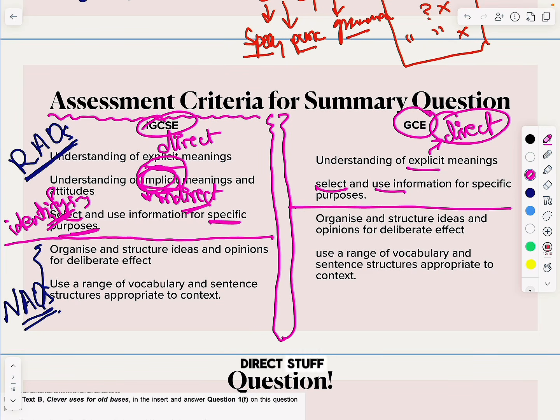So you are going to figure out the direct stuff as well as the indirect stuff if you are appearing for IGCSE. However, for GCE, you are only going to be looking at direct ideas. So this is one of the many distinctions that we have between GCE and IGCSE.